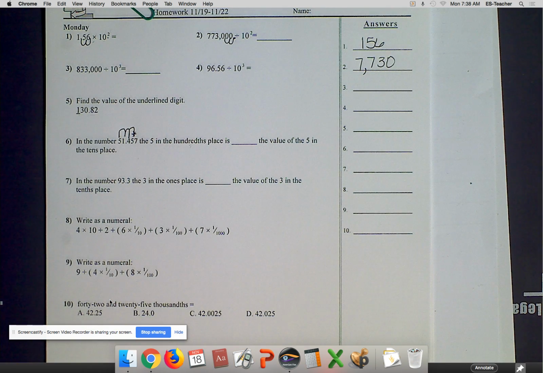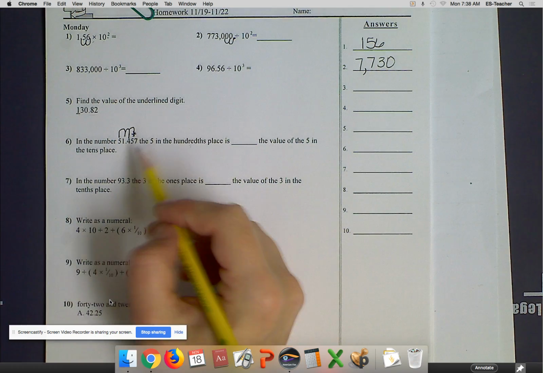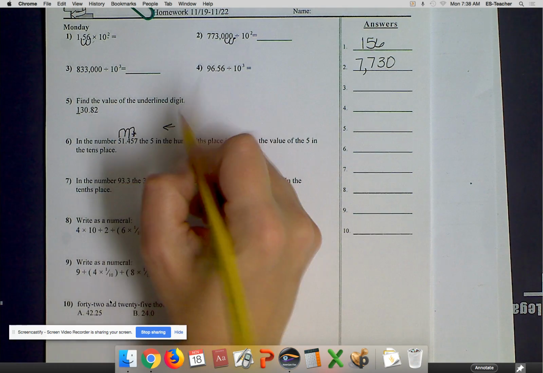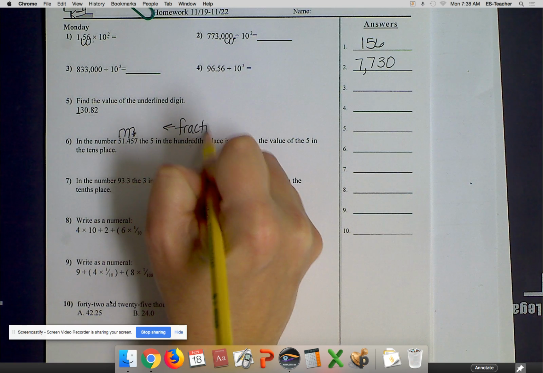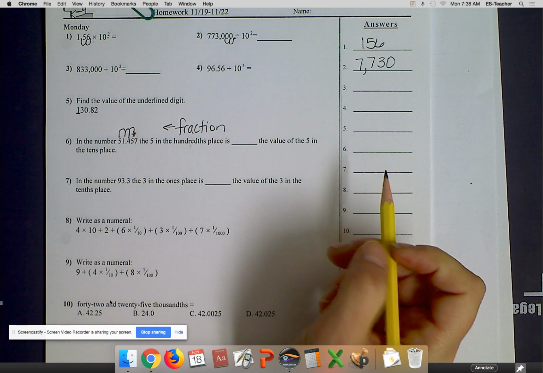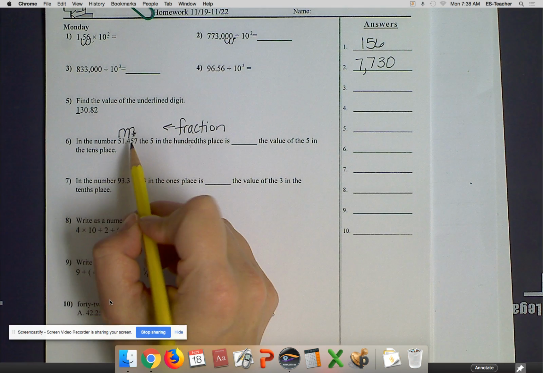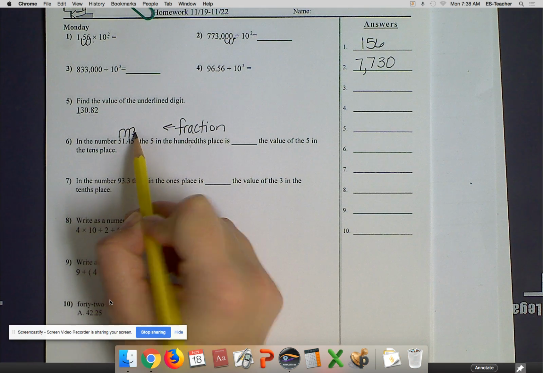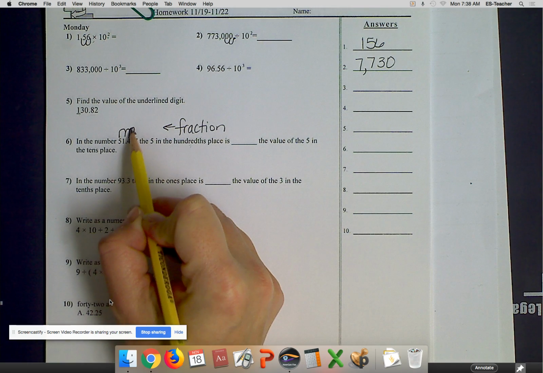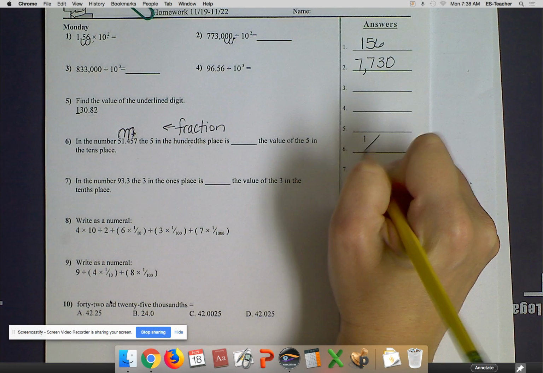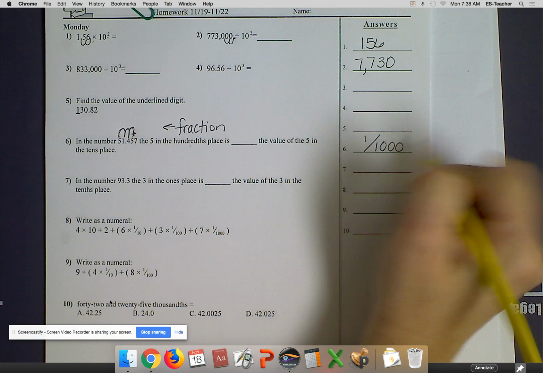And remember, when we're going to the left, it's going to be a fraction, right? So it's how many times the value? It's going to be 1, and how many times did we go over? Started with the 5, we went 1, 2, 3. So it's 1 with 1 and 3 zeros.